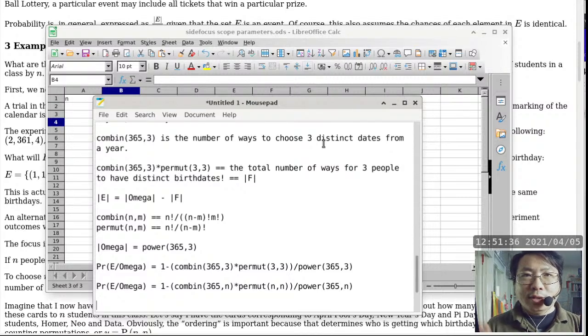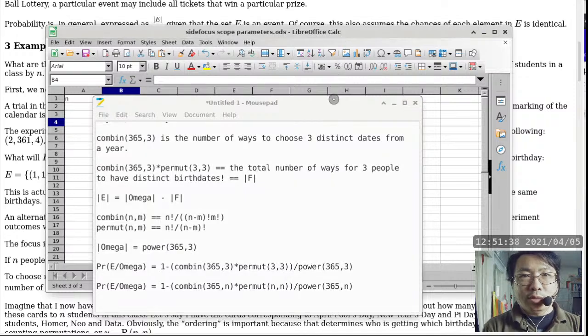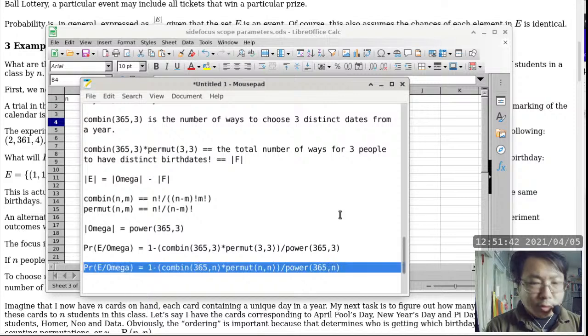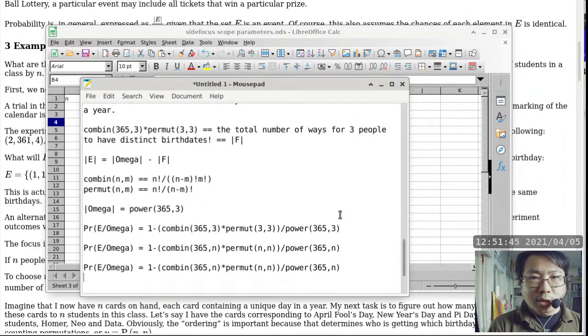Now, I can obviously just go to the spreadsheet and do it there, but instead, let's figure out what happens when n equals 0. And we will work it out using this equation, but without using a spreadsheet, because we should be able to figure this out without one.